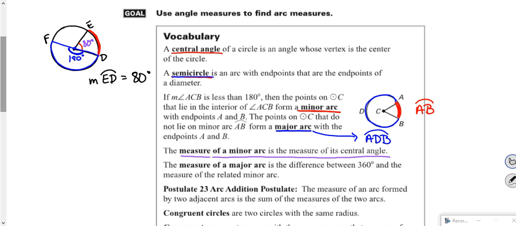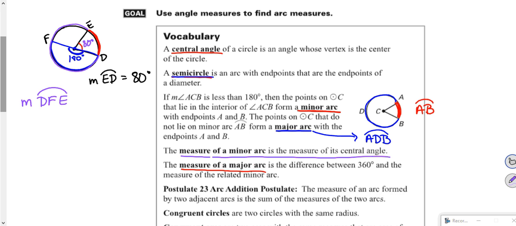So if I were measuring back on my example that I had here, let me use purple again. If I were measuring arc DFE, I'm going to outline it here. I hope you all can see the purple. DFE would be this arc.